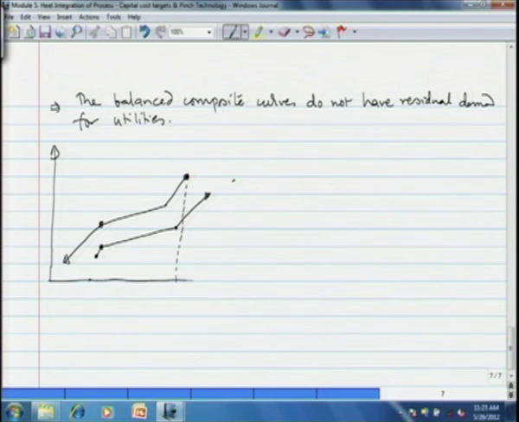Let us say we have two composite curves as follows, which are not of course balanced. So, this much is the hot utility requirement, steam, and this much is the cold utility requirement.